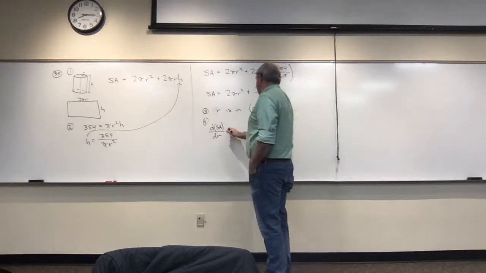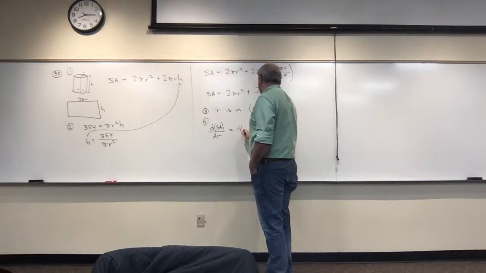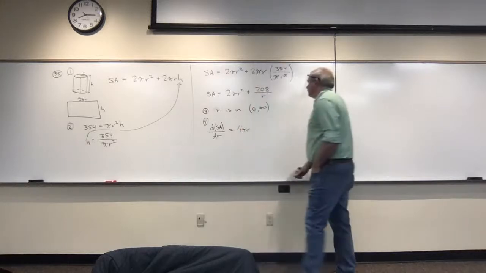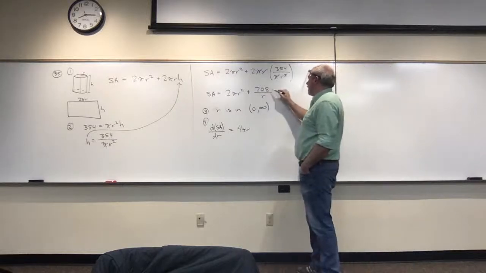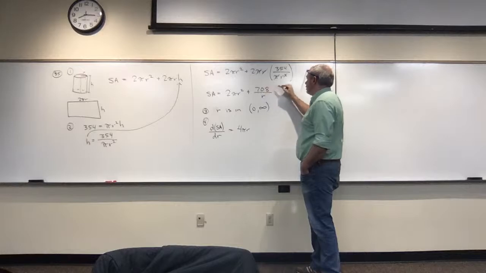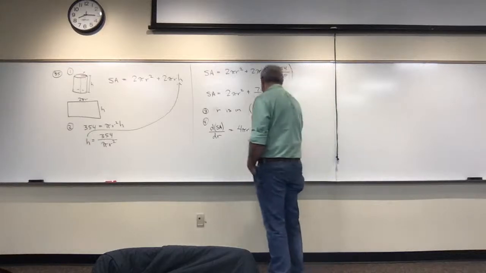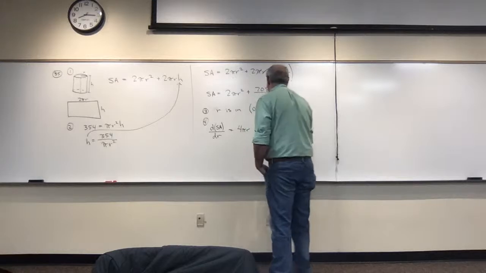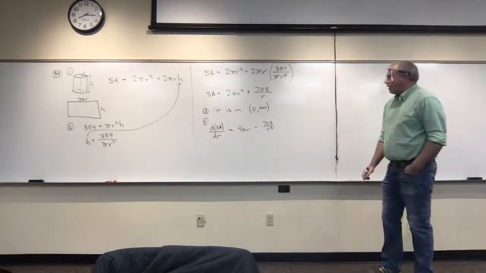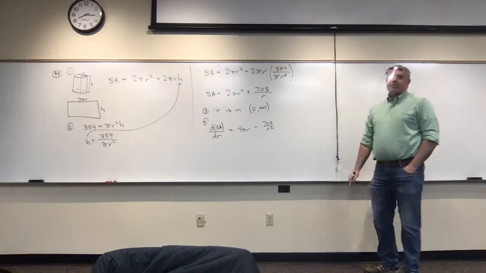The derivative is, let's see, I bring down the 2 and I get 4 pi r. And then the derivative here, this is 708 r to the negative 1, so that's negative 708 r to the minus 2. So this is minus 708 over r squared. And now I want to set that equal to 0 and solve for r.